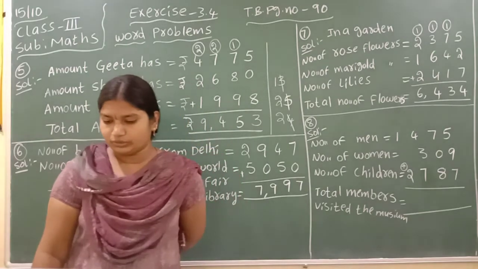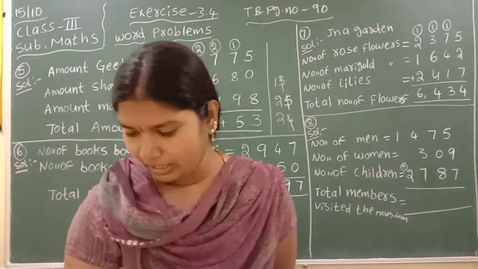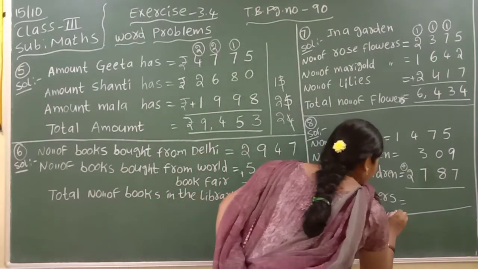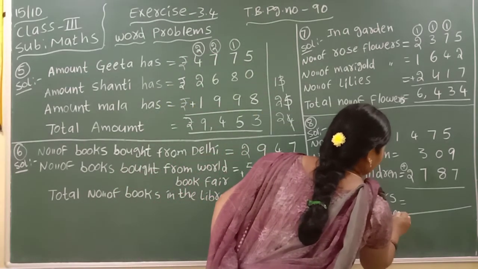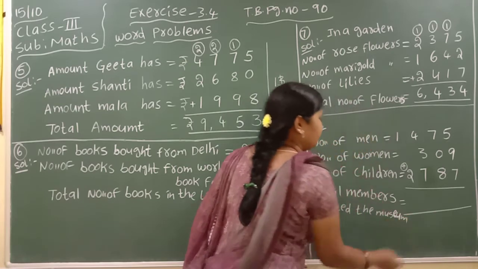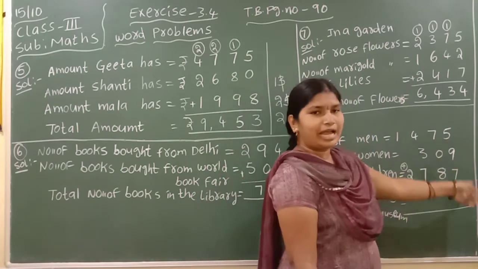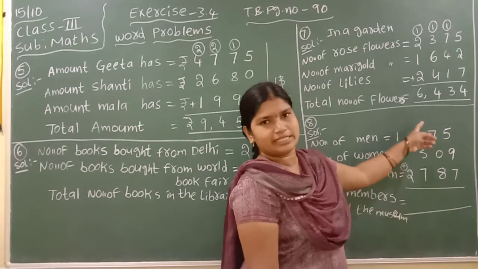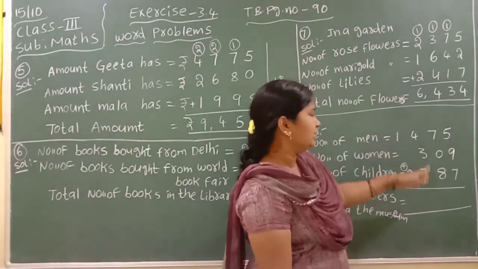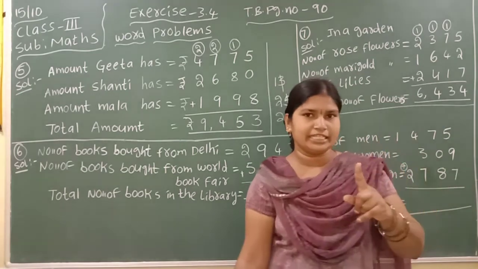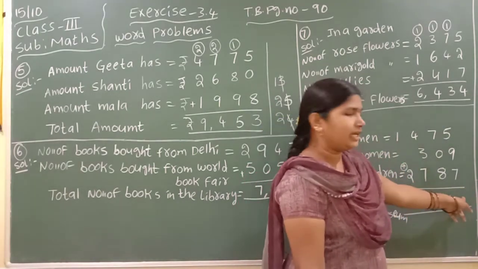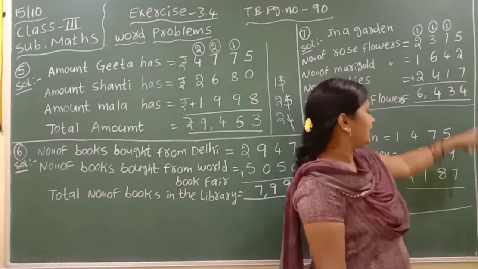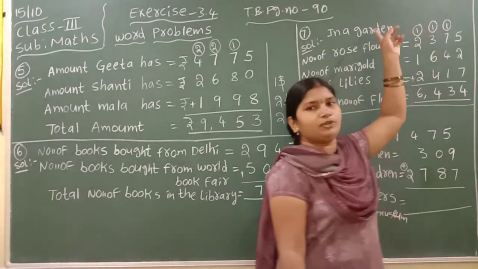Okay. So first here what you have to do? First you have to add the ones place. Next tens place. Next hundreds place. Next thousand place. If you get a single digit number, you can write down directly. If you get 2-digit number, you have to write down one number like this, one number in the regrouping place.